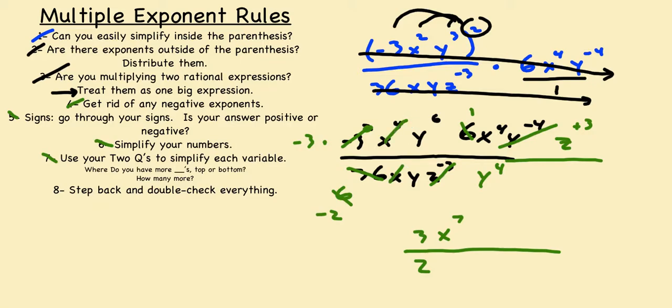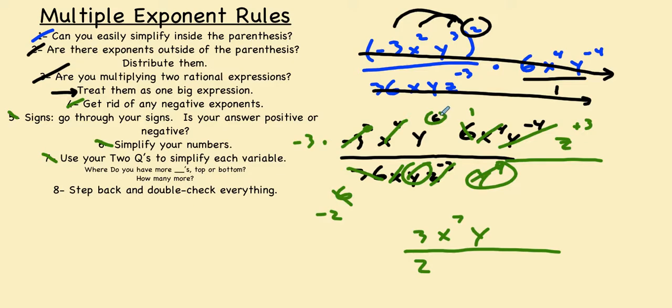And to help remind myself and keep this mess organized, I'm going to get rid of all my x's. Now let's move to the y's. I have 6 on the top. There's 6. And I have 1 there, and I have 4 there. So 5 on the bottom. So that means I have more on the top. How many more? 1 more. And I'm not going to write the 1 as the exponent because I just don't need it.